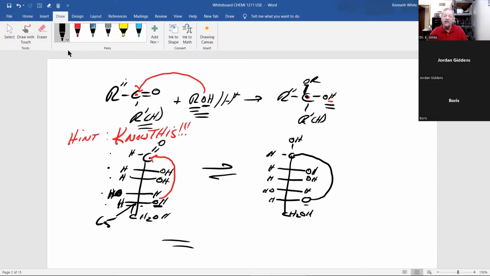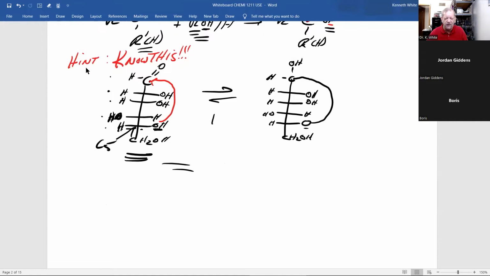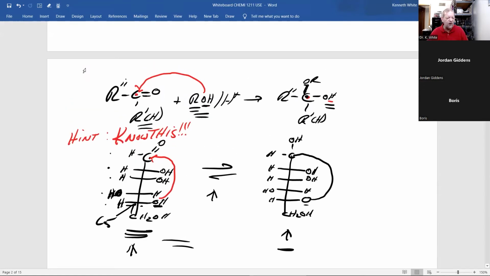Time to be subtle. Hint, know this. You should be able to, on a test, if I give you this plus the equilibrium, give me this product. If I give you this product and the equilibrium, you should be able to go backwards to that starting material. And again, let's go through it.